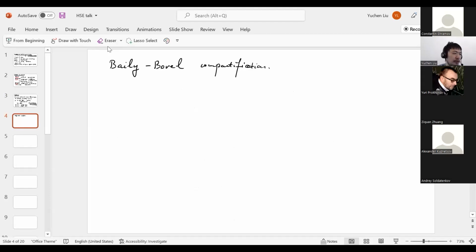Pretty much what we do is, lambda is the Hodge line bundle on this arithmetic quotient, and then we take F star, my Baily-Borel compactification, to be Proj of the section ring of the Hodge line bundle.